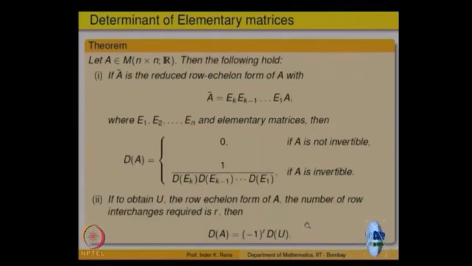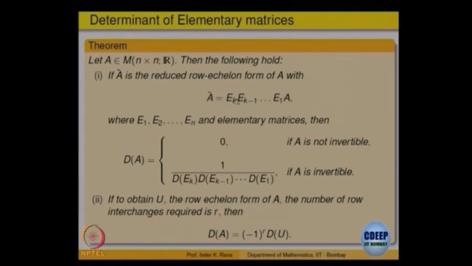Okay. Now, let us come to consequences of supposing a matrix A is changed by row operations to A tilde, that is the reduced row equivalent form of A. Then what will it look like? Some elementary matrices multiplied by A, right, that we have seen. So, what will be the determinant of A tilde? That is the determinant of the right hand side.